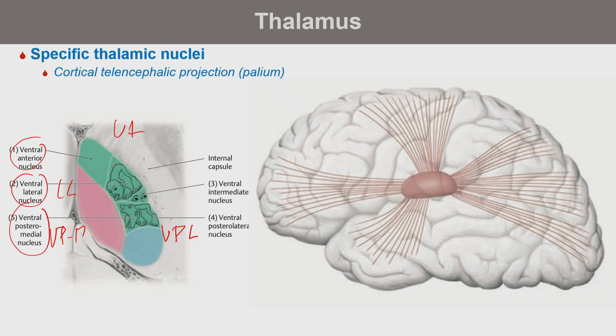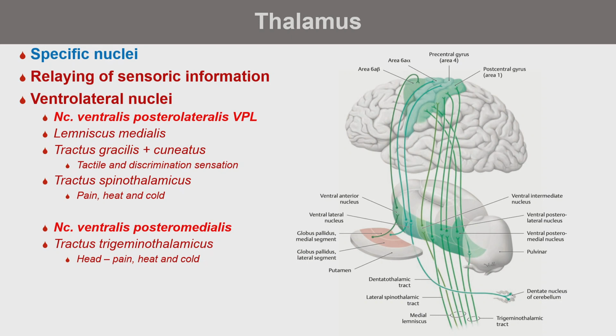You can see here is also the homunculus with projections, and those ventral nuclei have projections typically into specific areas, into the motor or sensory cortex. So they have specific telencephalic projections, so we call them specific thalamic nuclei.